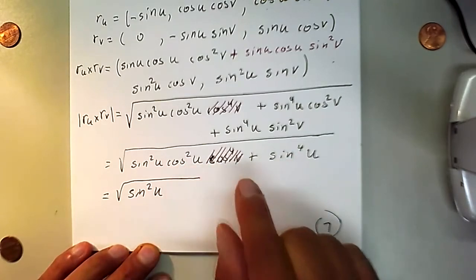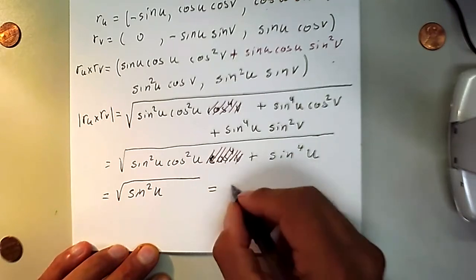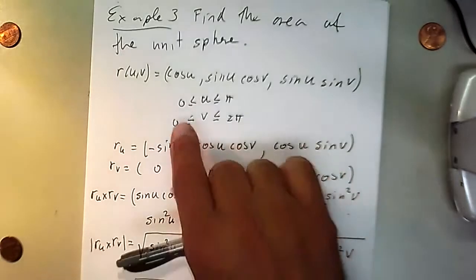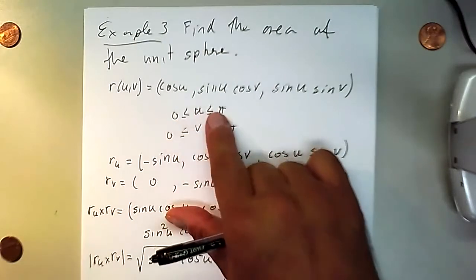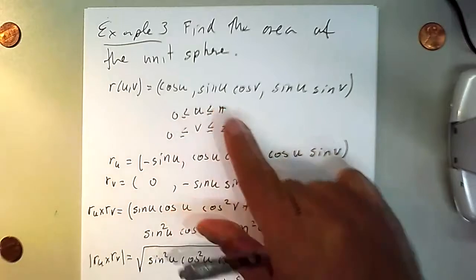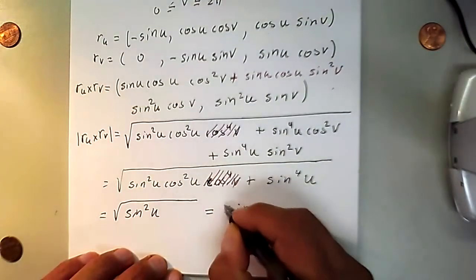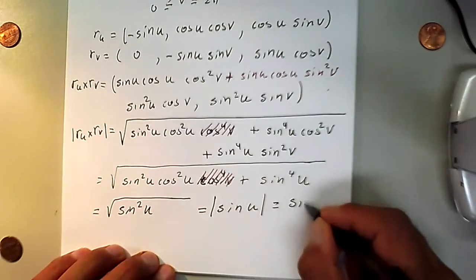So that's going to be 1. Now, technically speaking, that should be the absolute value of the sine of u. But I'm going to put the sine of u because u goes between 0 and pi, and consequently the sine of any input between 0 and pi is going to be positive or 0. So let's make a note of that. It equals just the sine of u.